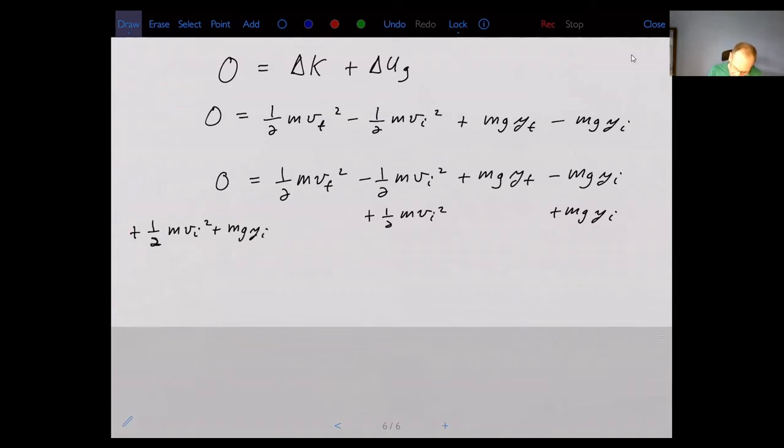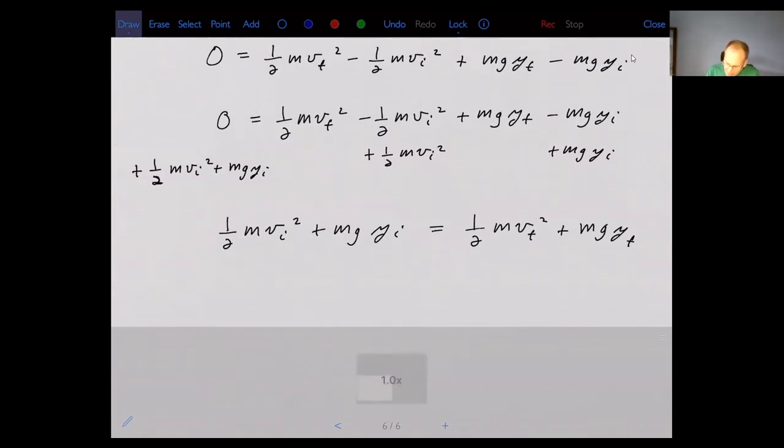What I'm going to get for a final result is, on the left-hand side, 1/2 mv initial squared plus mg y initial. That's going to equal, on the right-hand side, 1/2 mv final squared plus mg y final.